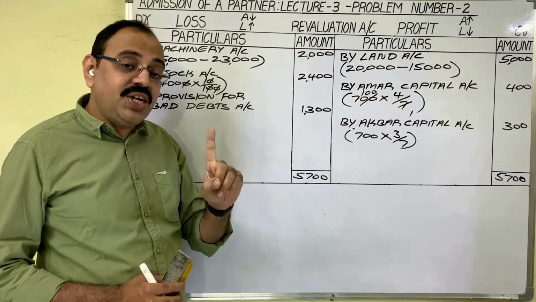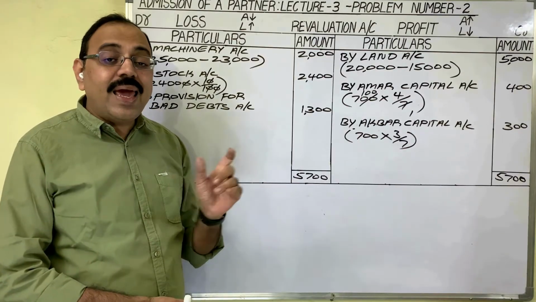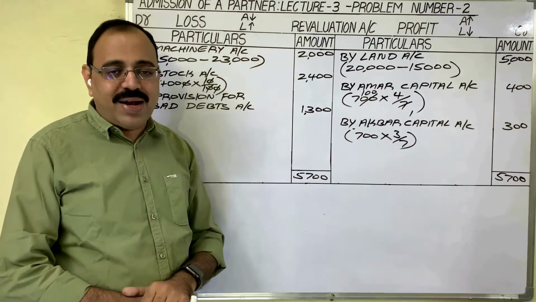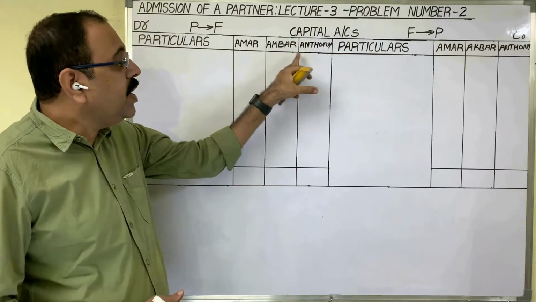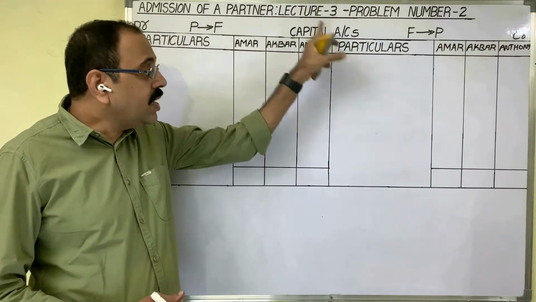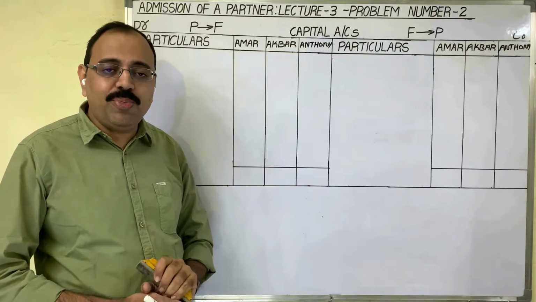In the ledger, the first account is completed. Now come to the second account, that is the capital accounts of all three partners, Amar, Akbar, Anthony. We have to start the capital accounts with the opening balance. From where do we take this opening balance?